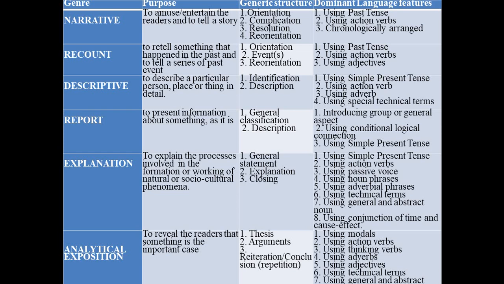In dominant language features, you can find modals, action verbs, thinking verbs, adverbs, adjectives, technical terms, general and abstract nouns, and connectives and transitions. Analytical exposition can be essays, academic essays, and you can consider all of this.